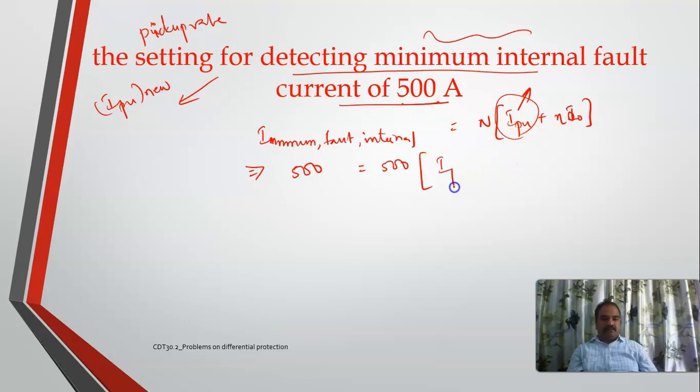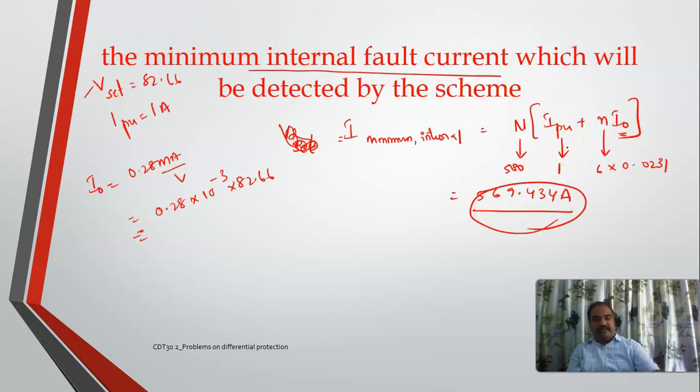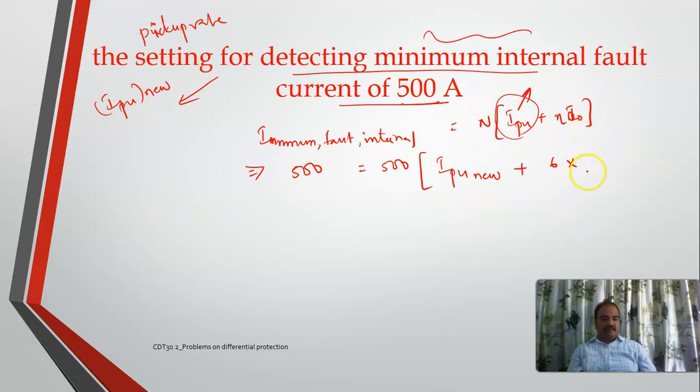So here this is I pickup new plus 6 into earlier already I do have it, 0.0231. So for this one I will be getting 0.8614 amperes.